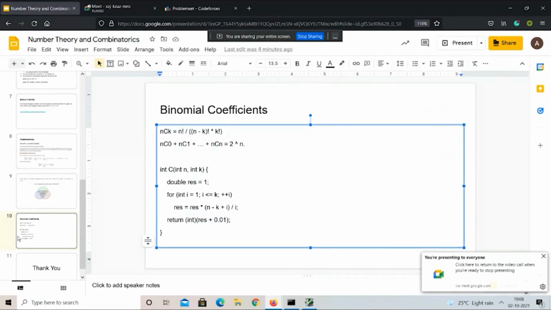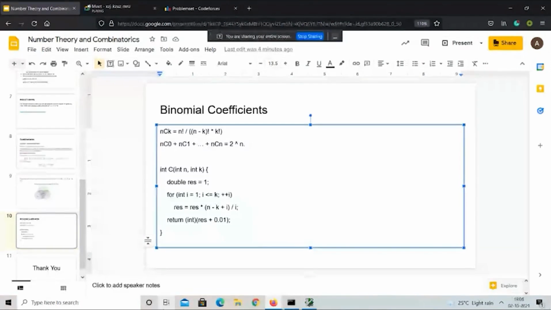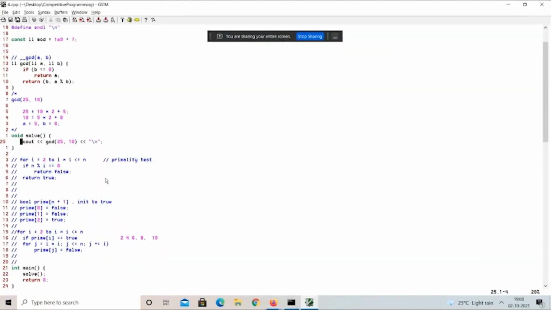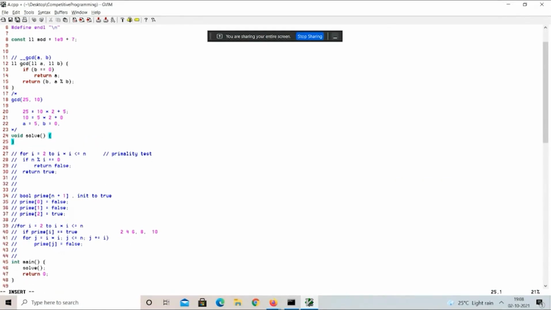Like you are given an array of n integers, and you have to count the number of pairs that have an odd sum. For finding an odd sum, you count the number of odd integers present in the array, count the number of even integers present in the array, and choose one out of each. This is a pretty good question.